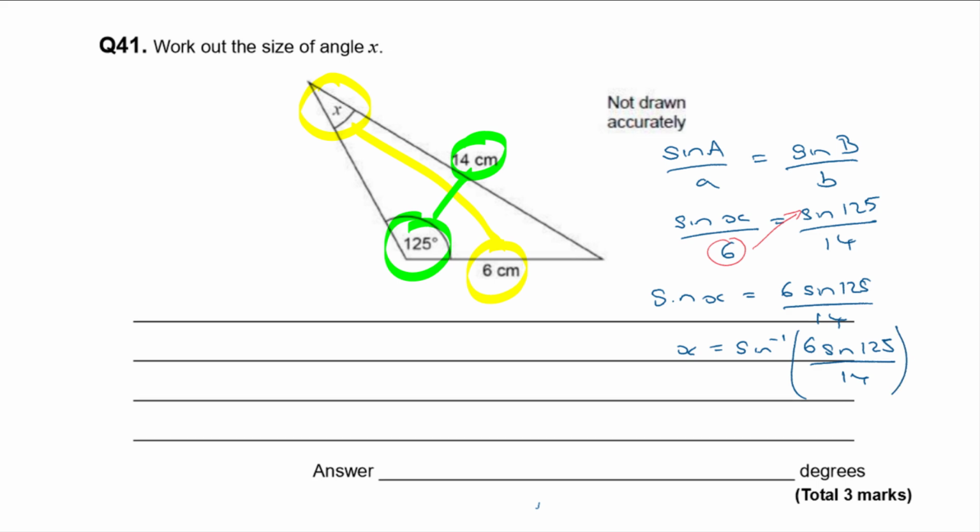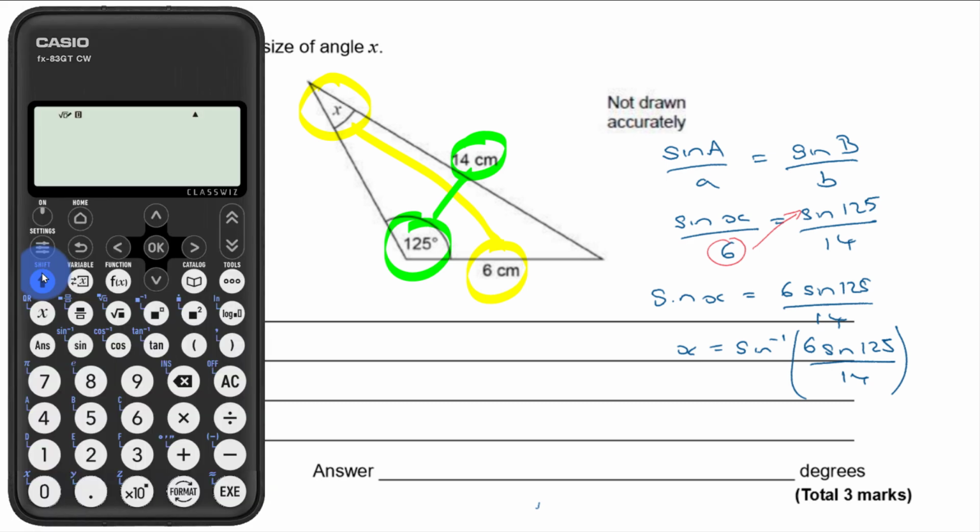Quite a complicated thing to type into the calculator. So shift sine to get the inverse sine. Then I'm going to write this as a fraction, so I'm going to use the fraction key. I'm going to write the 6 sine 125 at the top, and then come down and write the 14 at the bottom.